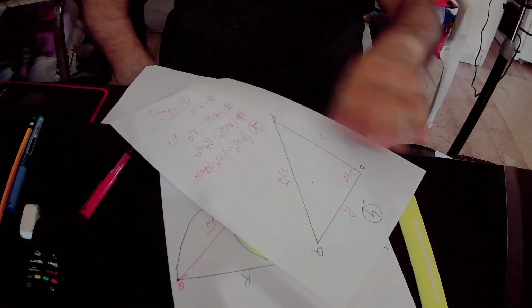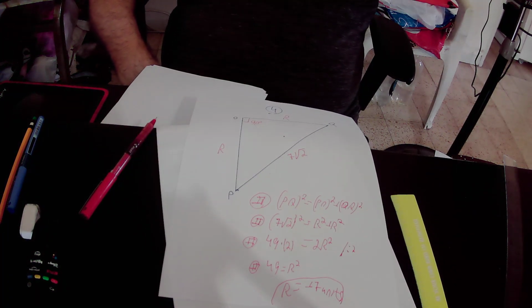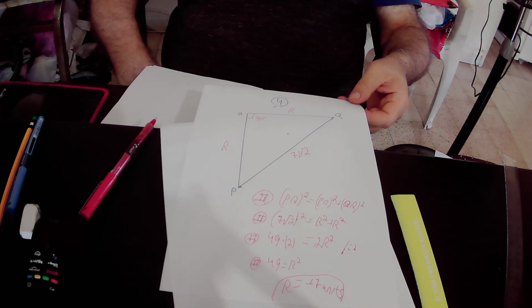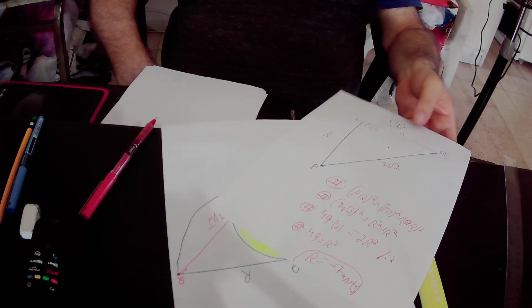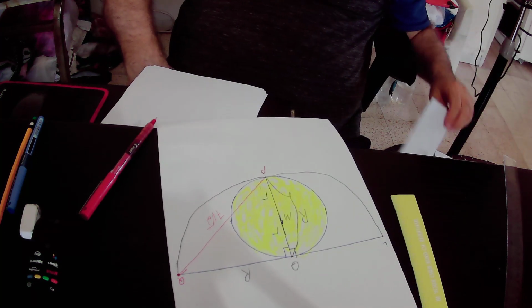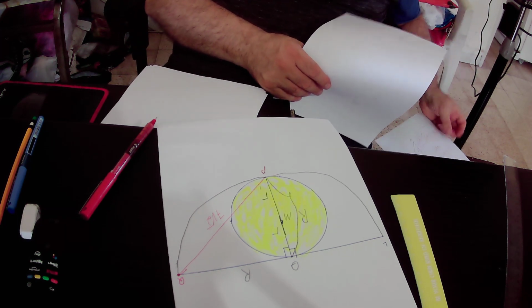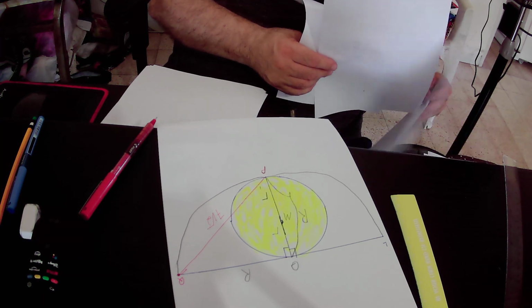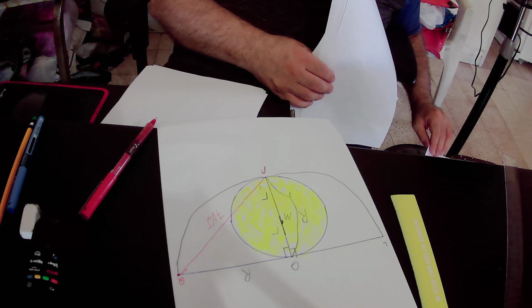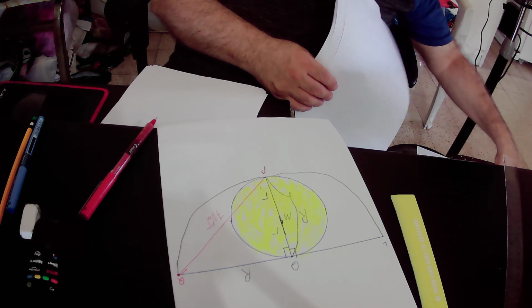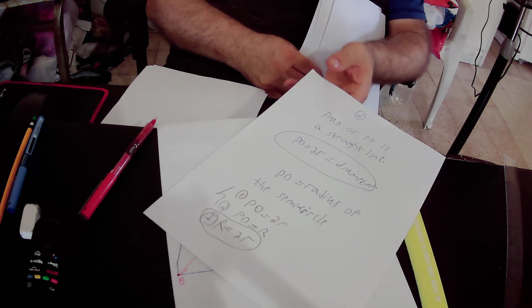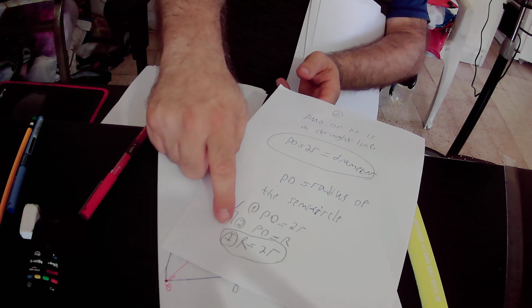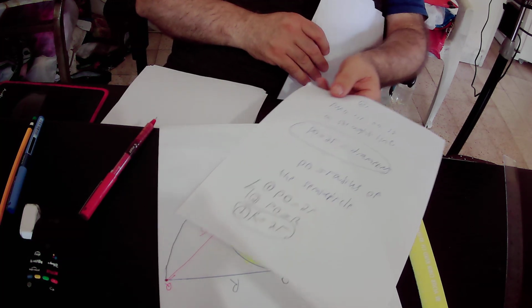Okay, the value of the radius is 7 units, but according to equation number 1, capital R equals 2 times small r. Okay, so I write it down.